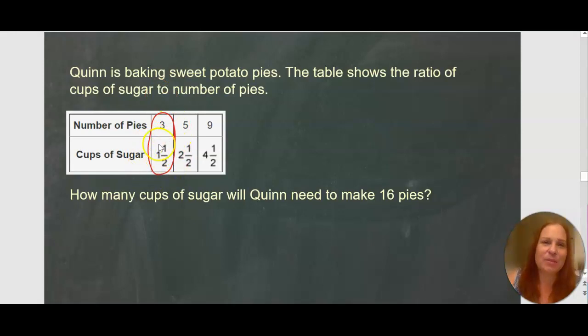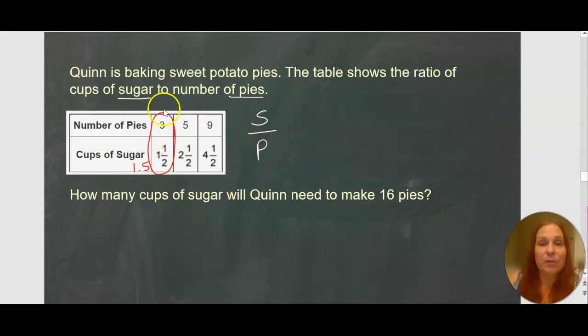In the problem, it says it's the ratio of sugar to pies. So that's how I'm going to set up my proportion. I'm going to do sugar as my top number and pies as my bottom number.